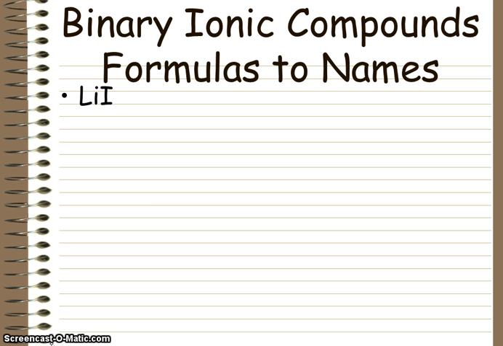So when we name it, we need to know what the names of the elements are. Li is lithium, and we know that we're not going to change the name when it becomes an ion. I is iodine, but when it becomes an ion, we'll change the ending to "ide." So the name of LiI would be lithium iodide.